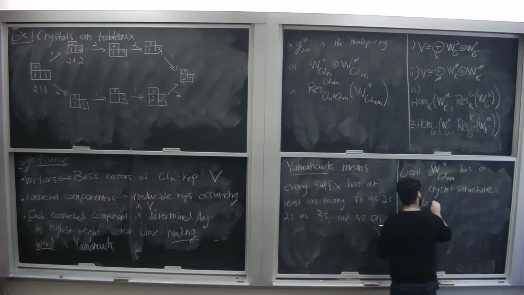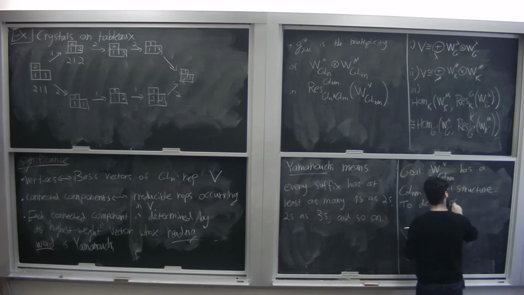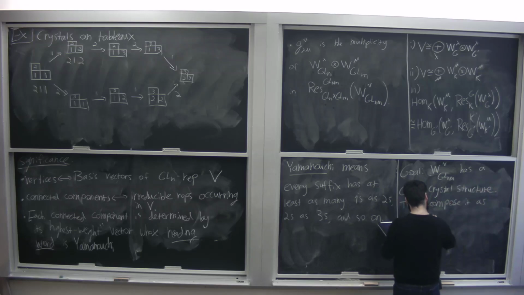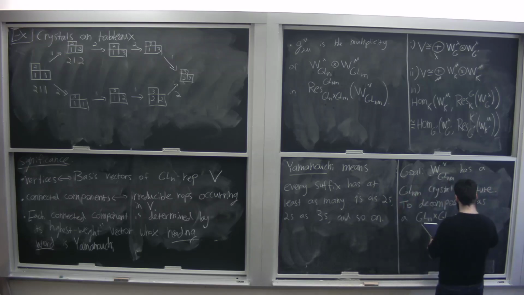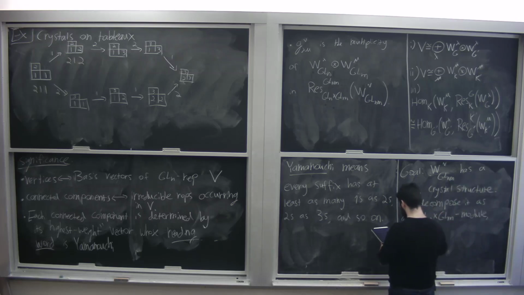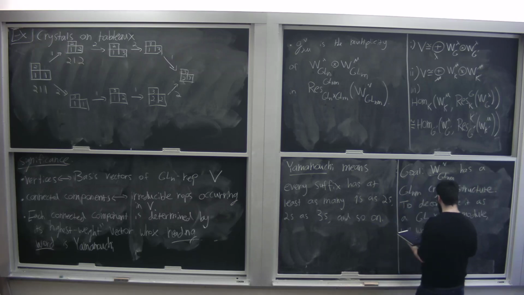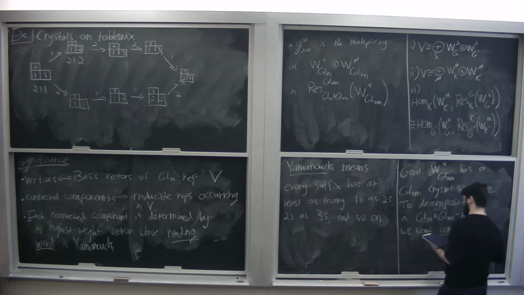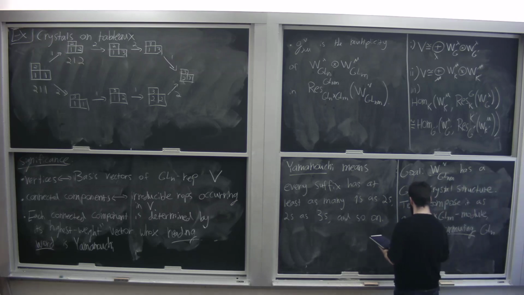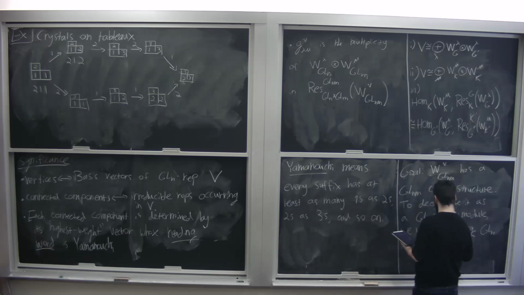But now to decompose it as a GLN cross GLM module, we want commuting GLN and GLM crystals.